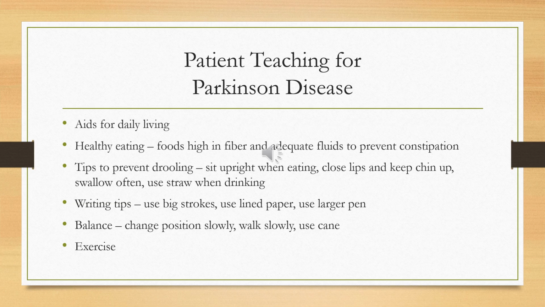Exercising regularly to help keep things moving so they don't lose function or lose mobility for as long as possible. Make sure they walk slowly, use their cane, use their walker, whatever it is that they have to assist them in walking, because they will have that shuffling gait and they are at risk for falls. Teach them to change positions slowly, take their time, not trying to move around too fast.